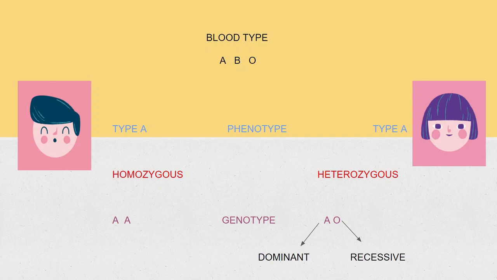So for this guy, the phenotype is blood type A. Phenotype and genotype can be different, and it is possible for two different genotypes to make the same phenotype since one allele is dominant over the other.